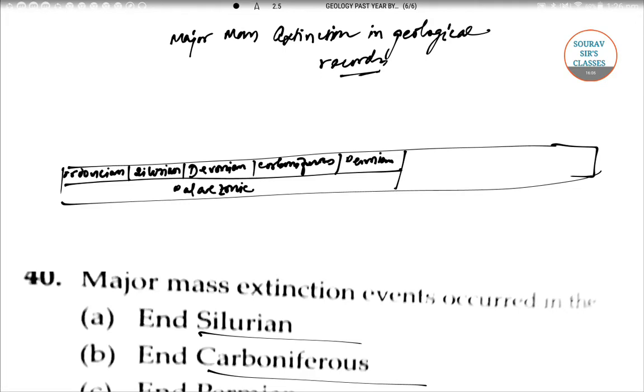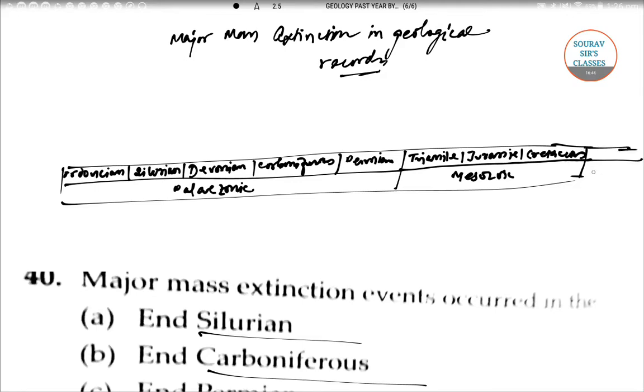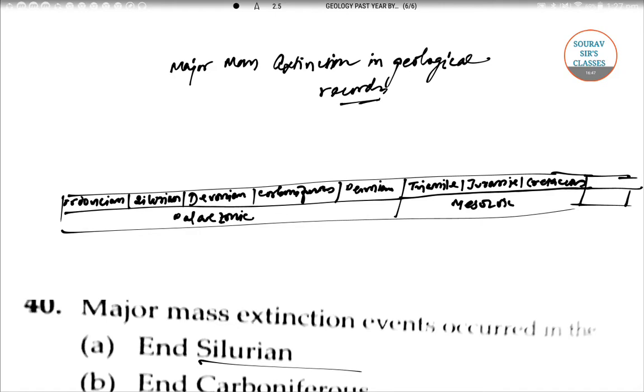Then we have Triassic, Jurassic, Cretaceous, and all these came under Mesozoic. And the last one we have is Cenozoic.